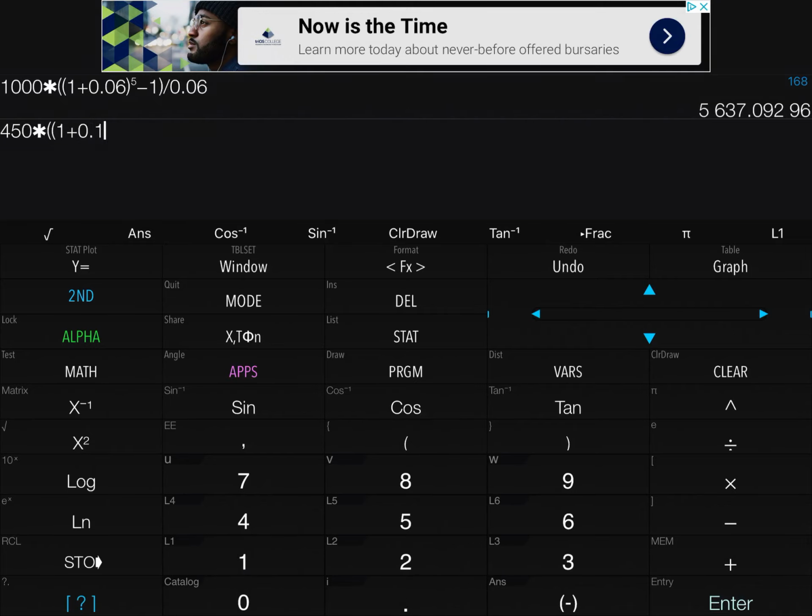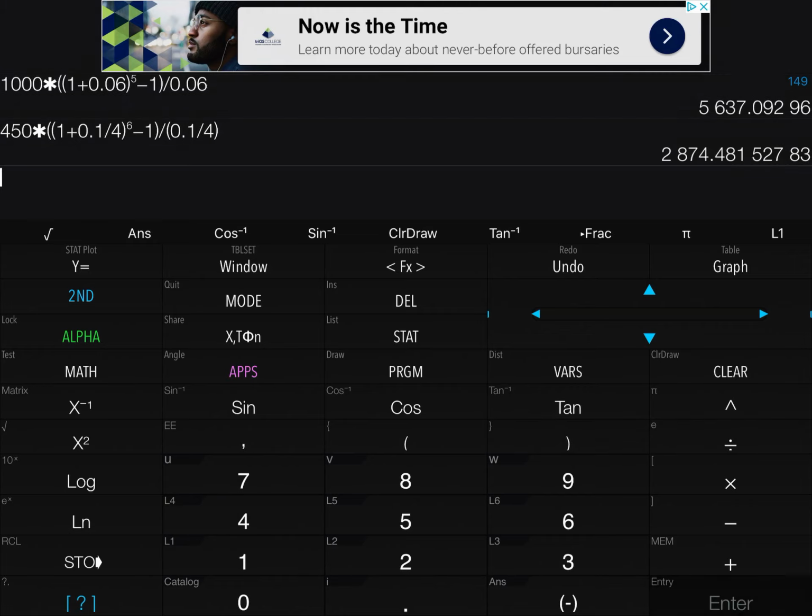The interest rate was 10% compounded quarterly, so 0.1 divided by 4. And that was brought to the power of 6. And then take away 1, close the brackets, divide, open the brackets for the denominator, 0.1 divided by 4. And press enter. I got $2,874.48.